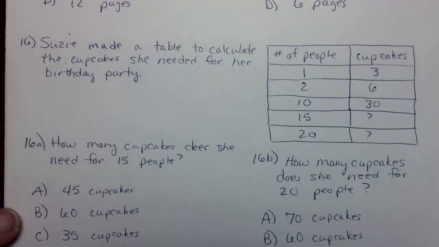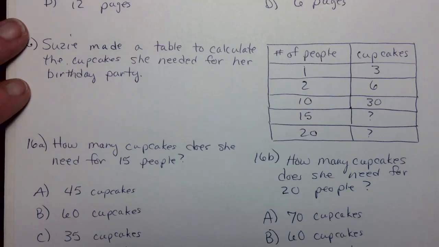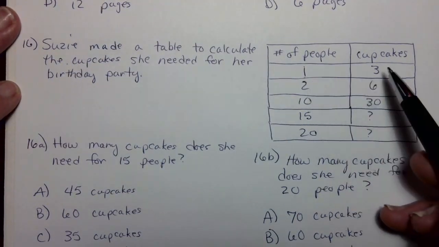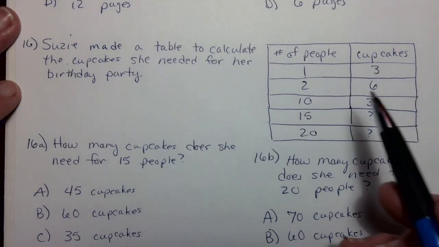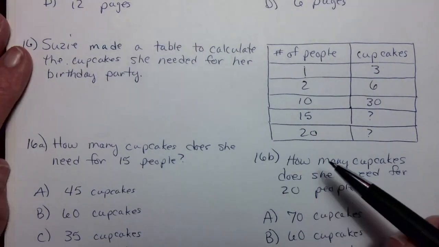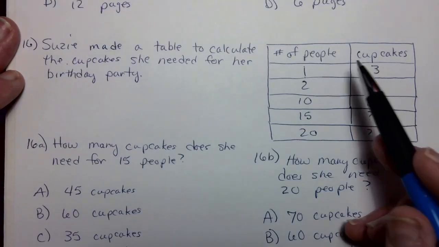All right, number 16. Susie made a table to calculate the cupcakes she needed for her birthday party. So you need that chart for 16A and 16B. How many cupcakes does she need for 15 people? Well, let's study this chart and fill it in. One person, there's 3 cupcakes. 2 people, there's 6. So we're doing 3 cupcakes for every person.